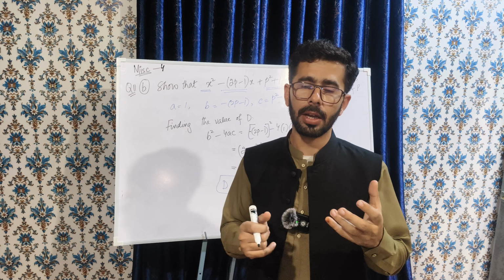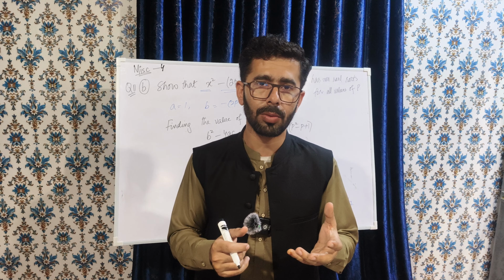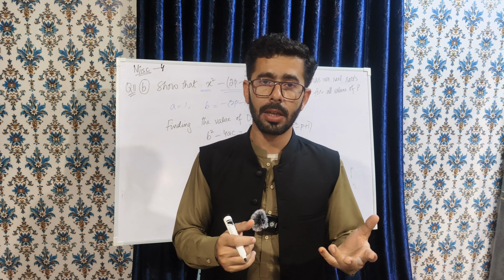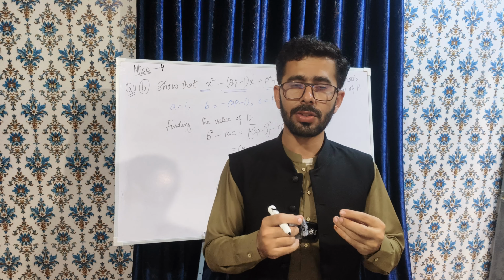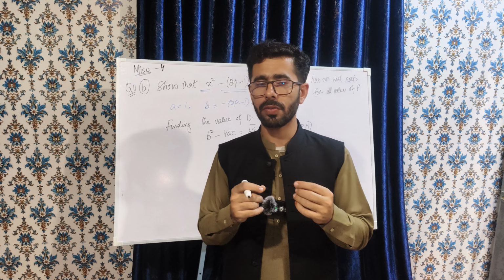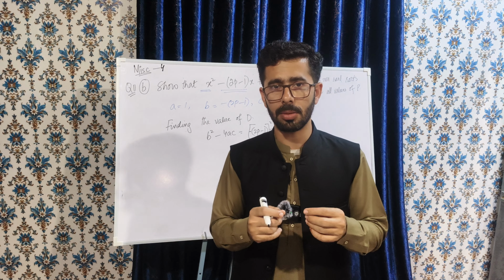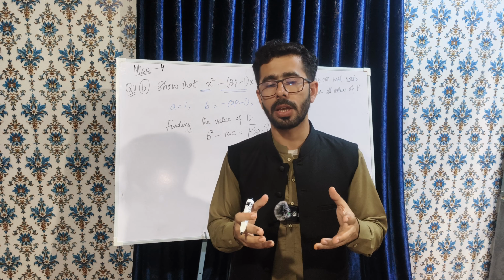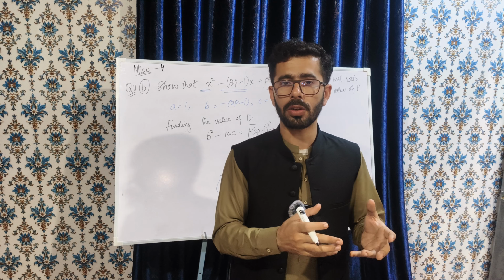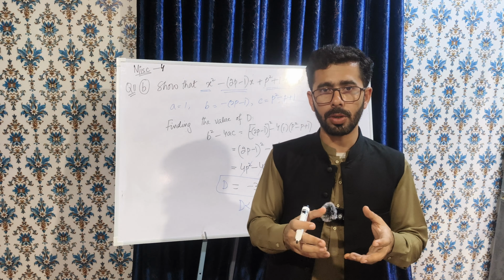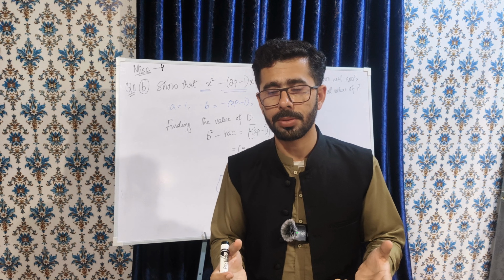So if our equation does not have any real roots, that means the discriminant is negative. So the question claims that no matter what value of p you put in the discriminant, it will always be negative. That means no matter what value of p you put, the equation will not have real roots.